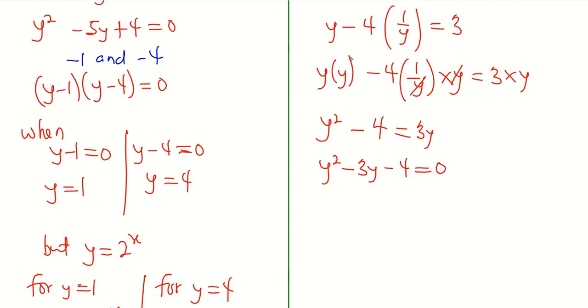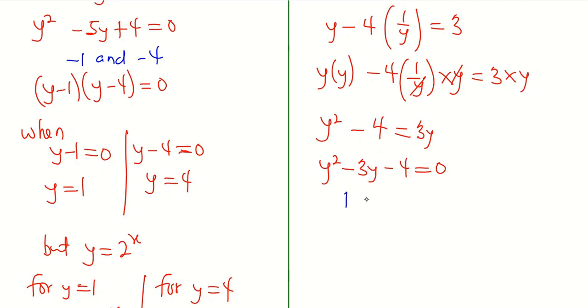And so this is a clear quadratic equation, and we find the factors of the constant term. But before that, you have to multiply by the coefficient of the term y squared, that is 1, and 1 multiplies minus 4, we get minus 4. And so factors of minus 4, that when we add, we are going to get minus 3, and when we multiply, we're going to get minus 4.